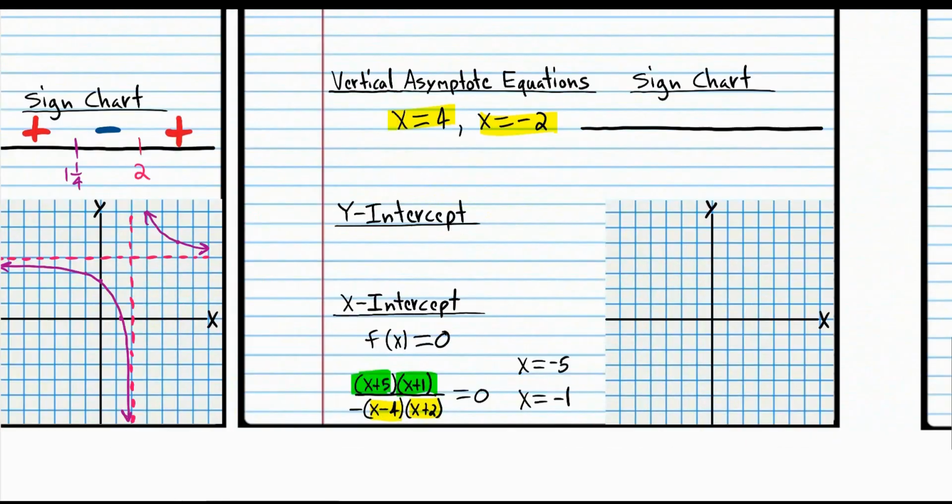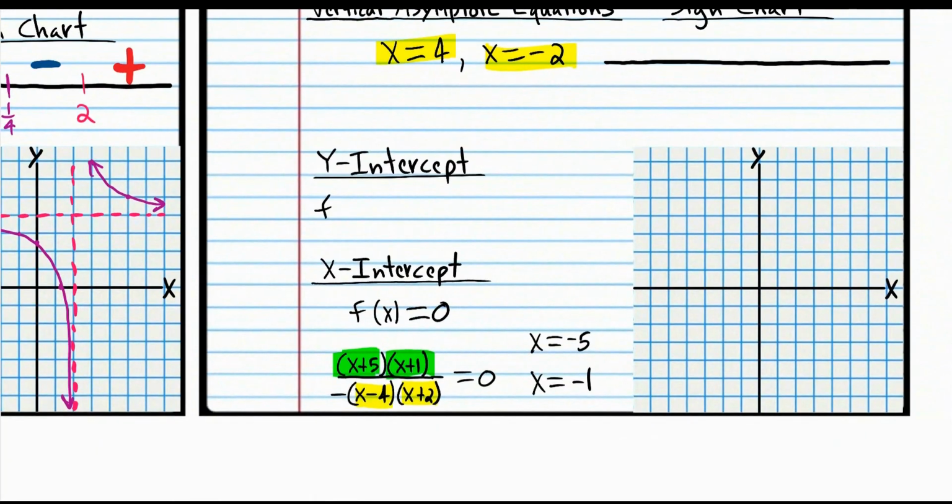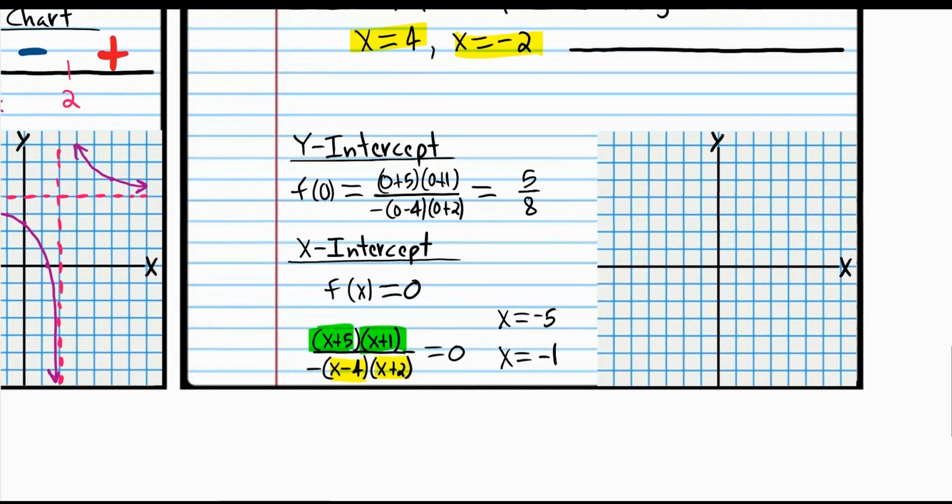Now to find the y-intercept, we just find f of 0. We plug in 0 for x. And then we get 0 plus 5. We can use the factored form if we want. It doesn't really matter which form you use, whatever's easier. We plug in and we get 5 over -8 times -8, which becomes +8.